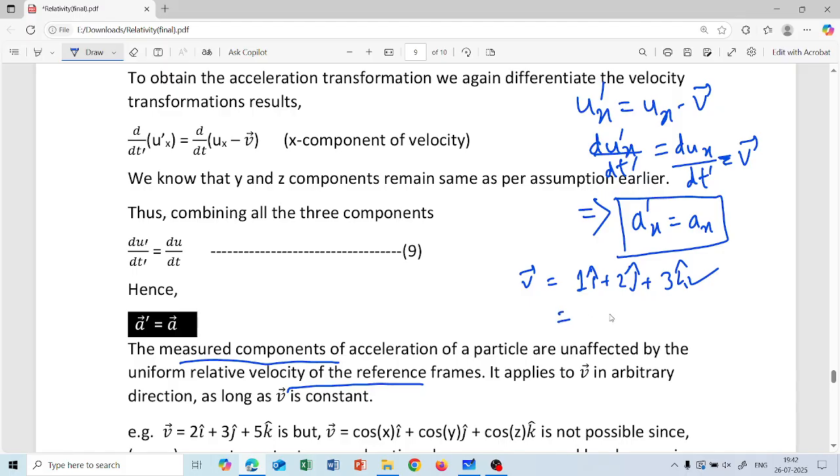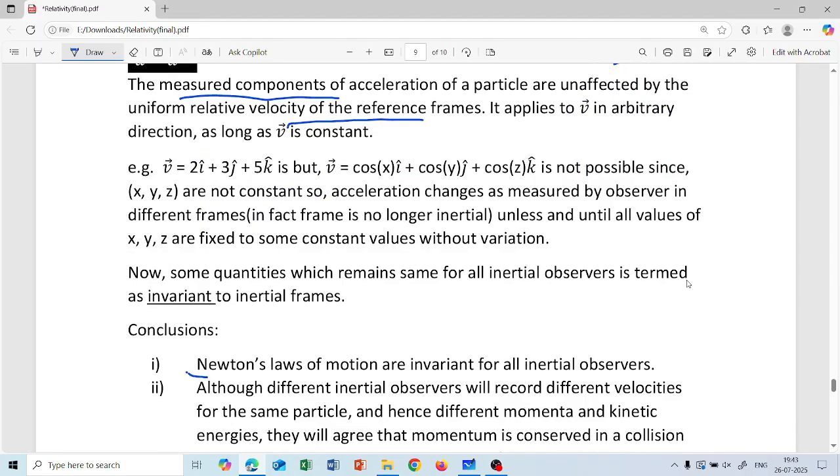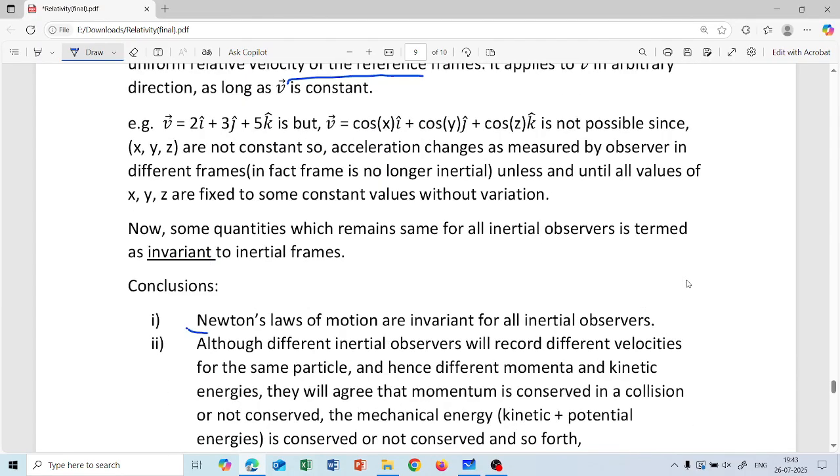But if I take something varying with x, like sin x i cap, then this is not a constant velocity as it varies with x. So acceleration will change if the velocity is not constant. But we are always dealing with constant velocity frames, because we are only considering inertial systems.